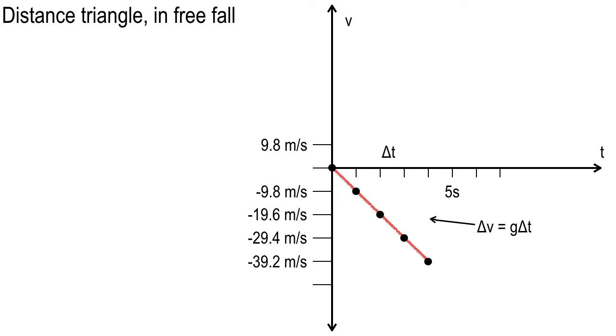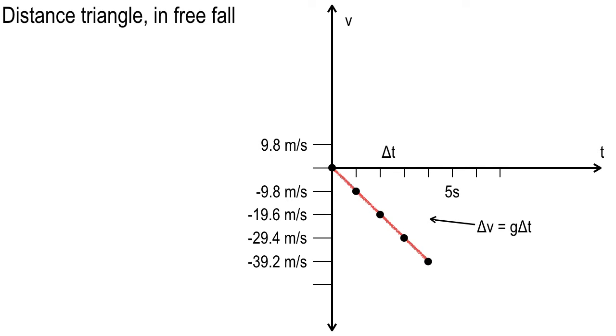Another free fall second, now you've got a total of negative 19.6. Increments of 9.8 meters per second of downward speed every second of free fall. After 3 seconds, negative 29.4. After 4 seconds, negative 39.2.